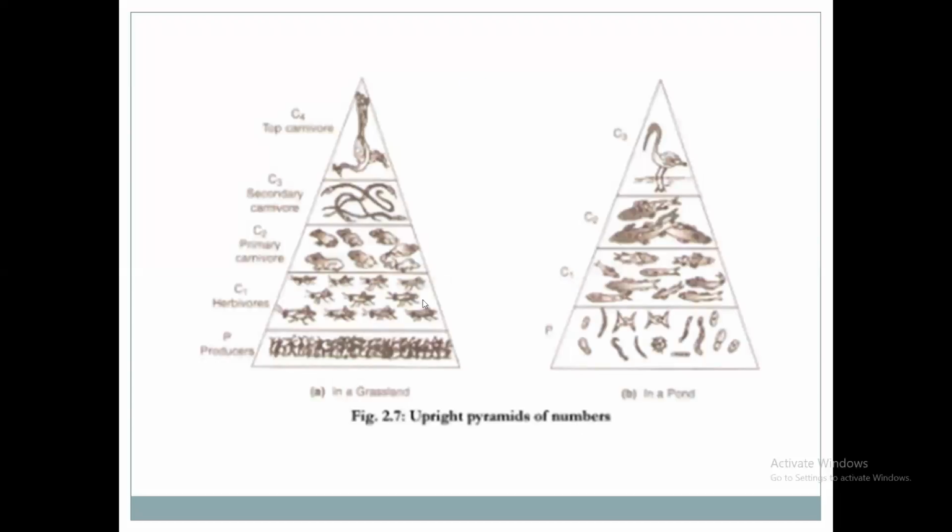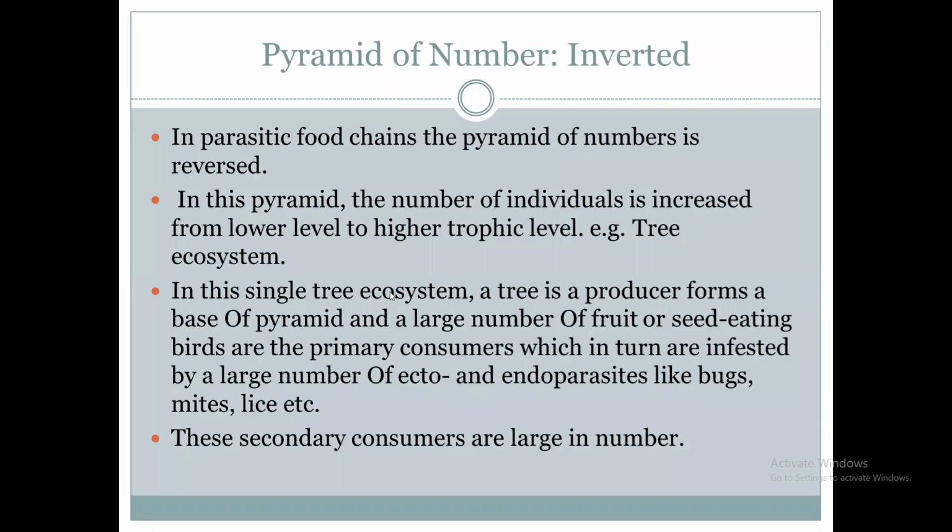In the earlier upright pyramids of numbers, as the levels increased, as we go up, the number of individuals are decreasing. More at the base, less at the top. But in this inverted pyramid, it is exactly opposite to the upright pyramid.